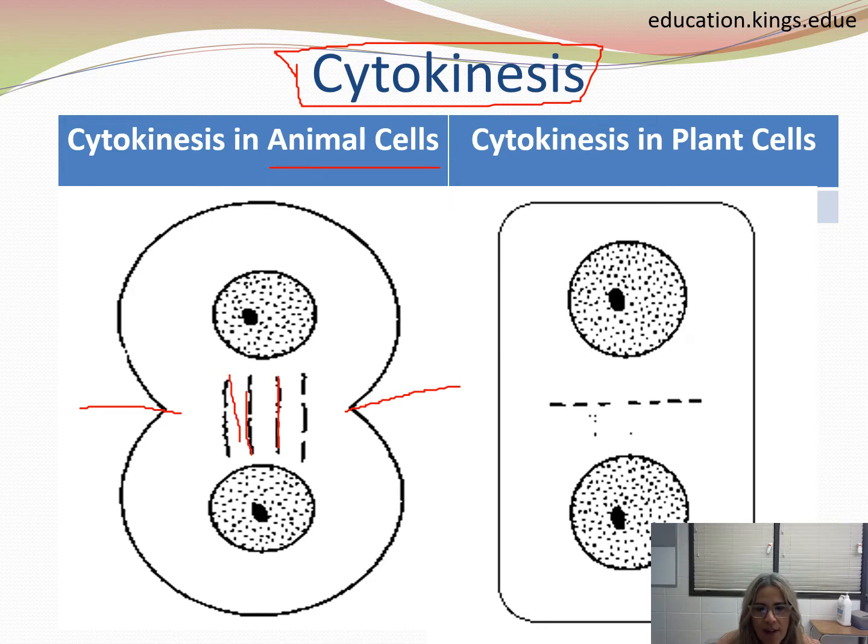Think of it like when someone frowns and they get a furrow in their forehead. So we have this cleavage furrow forming, and then the membrane is going to pinch in and eventually separate. On the other hand, when we look at plant cells, we have something much more structured, and we call this a cell plate. You can see how we have this really structured line across the two eventual daughter cells.